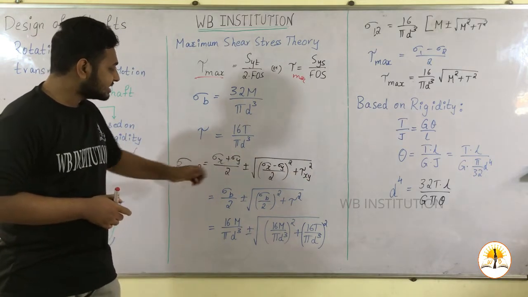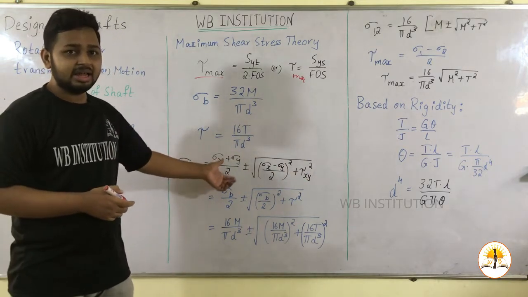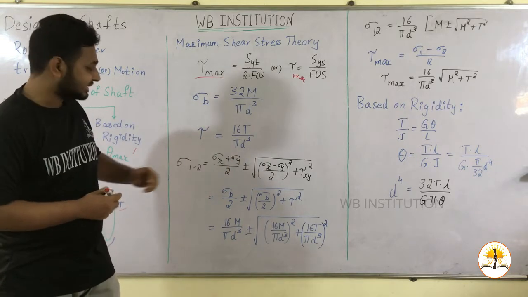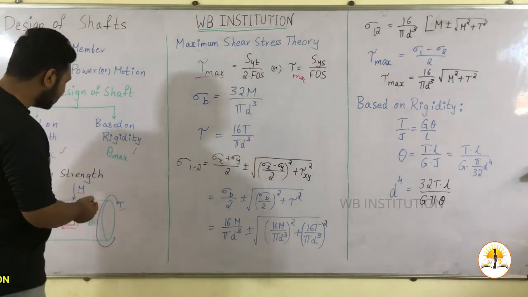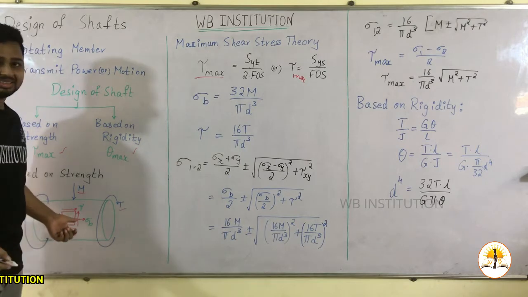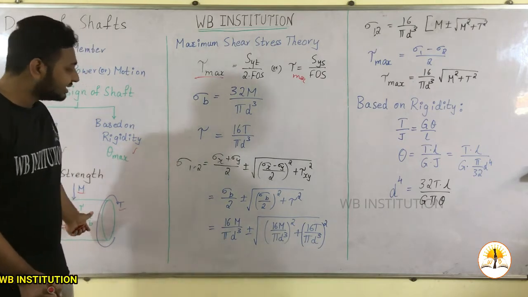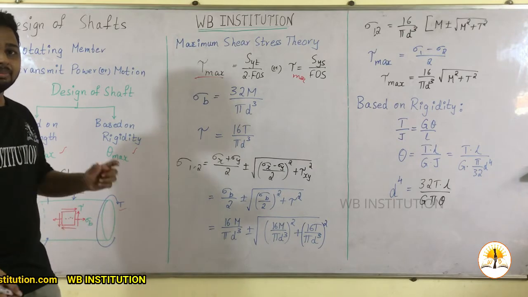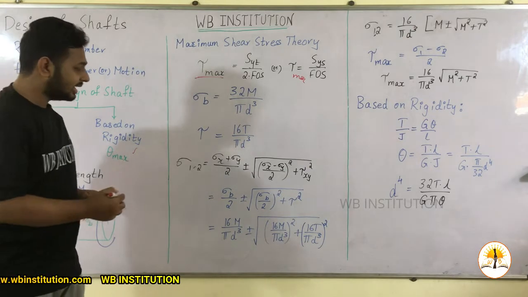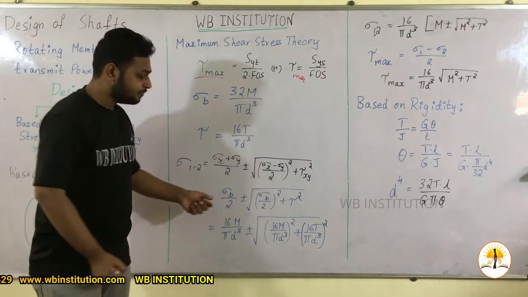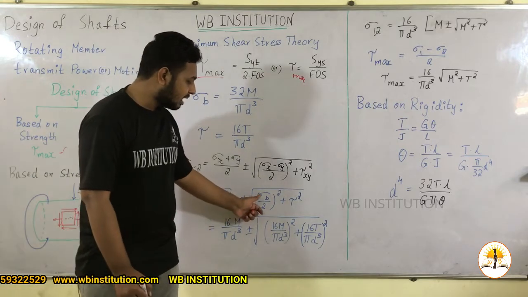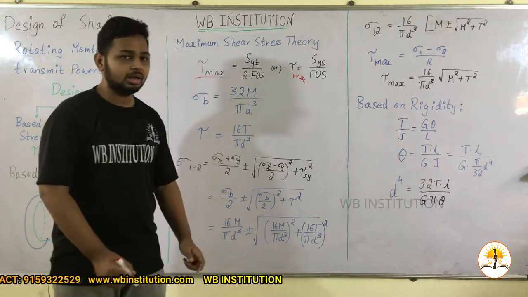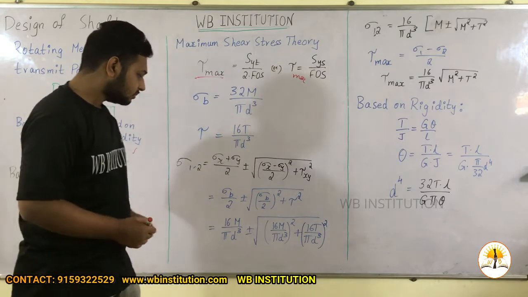Here we don't have a third direction, so that is eliminated. The only normal stress generated is the bending stress, so we can write it as sigma b divided by 2 plus or minus root of sigma b divided by 2 whole square plus tau square.